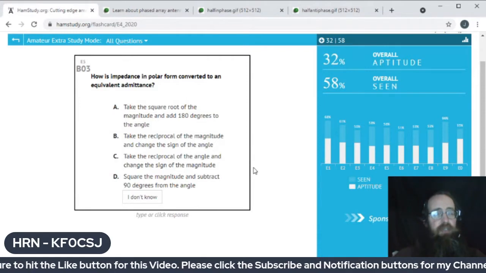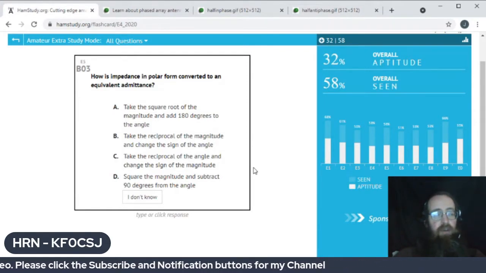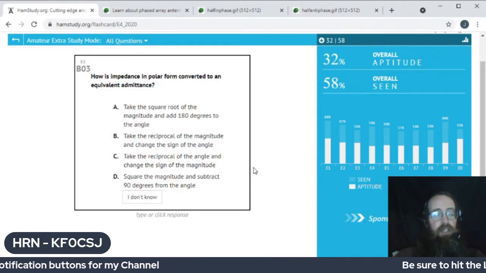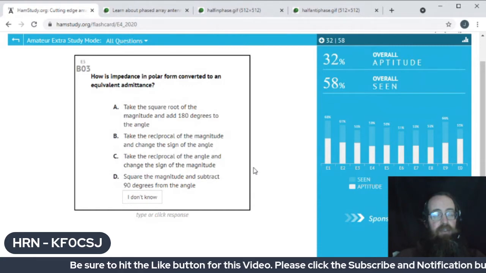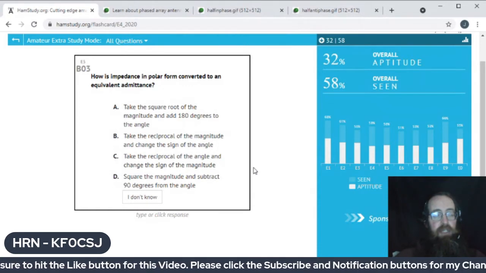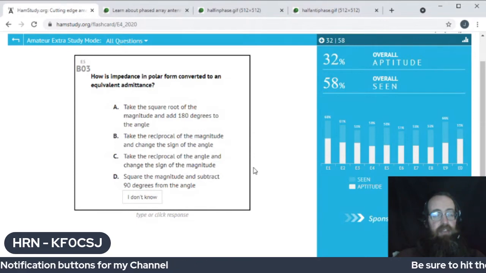First one, E5B3. How is impedance in polar form converted to an equivalent admittance? A, take the square root of the magnitude and add 180 degrees to the angle. B, take the reciprocal of the magnitude and change the sign of the angle. C, take the reciprocal of the angle and change the sign of the magnitude.